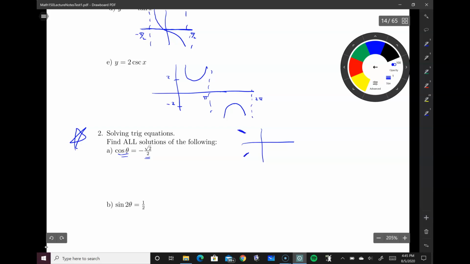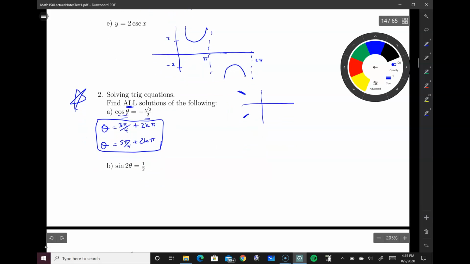So the pi over 4 terms. So this is going to be this, which is 3 pi over 4, and this down here, which is 5 pi over 4. So since it says all, you need to write each of them separately and add on a 2k pi. So these are all of the angles that solve this trig equation.